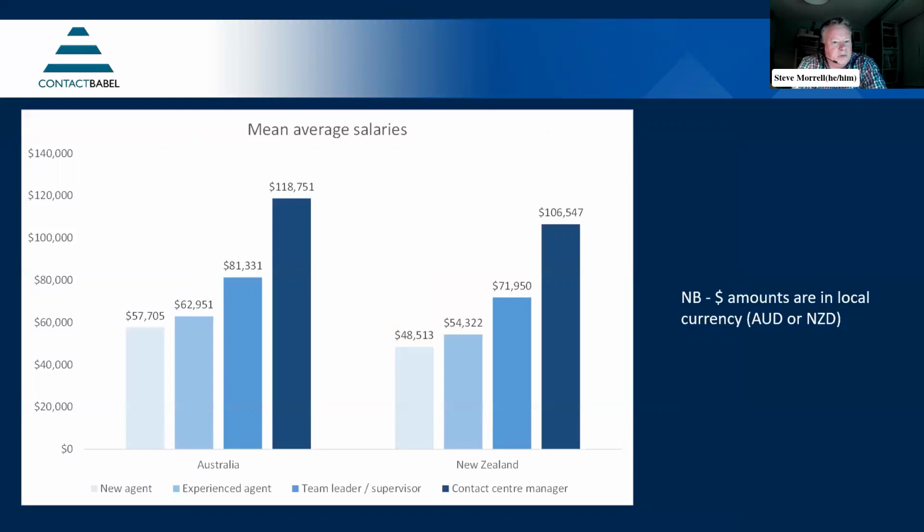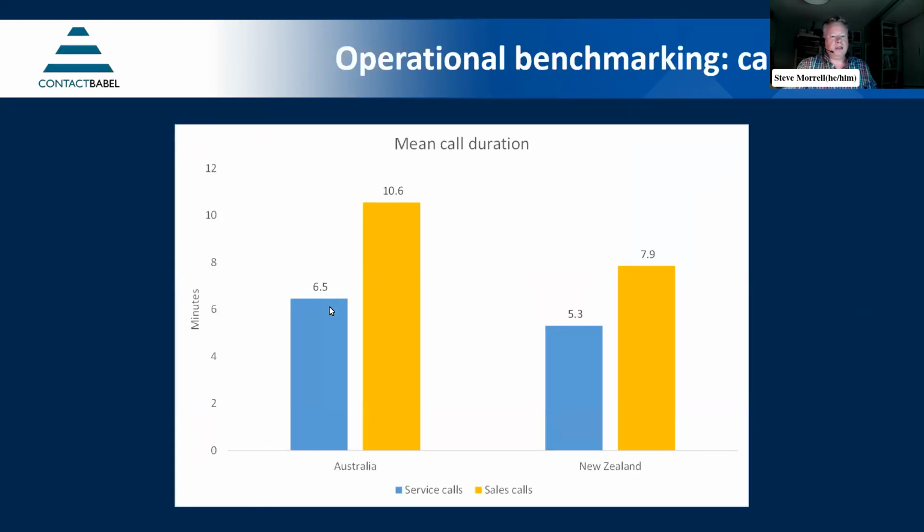What we can see here is not only does Australia tend to pay significantly more than New Zealand, but in fact, what this chart doesn't show, but I know, is that these salaries are considerably higher in Australia than those paid in the UK or the US, particularly at an agent level. There's a lot more detail in the report about salaries by size and vertical market and things like that, but I don't want to go into that in too much depth.